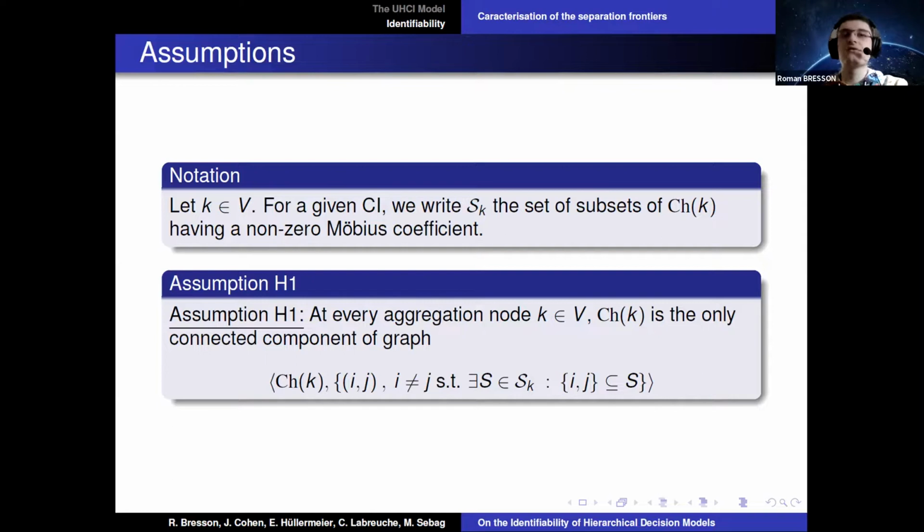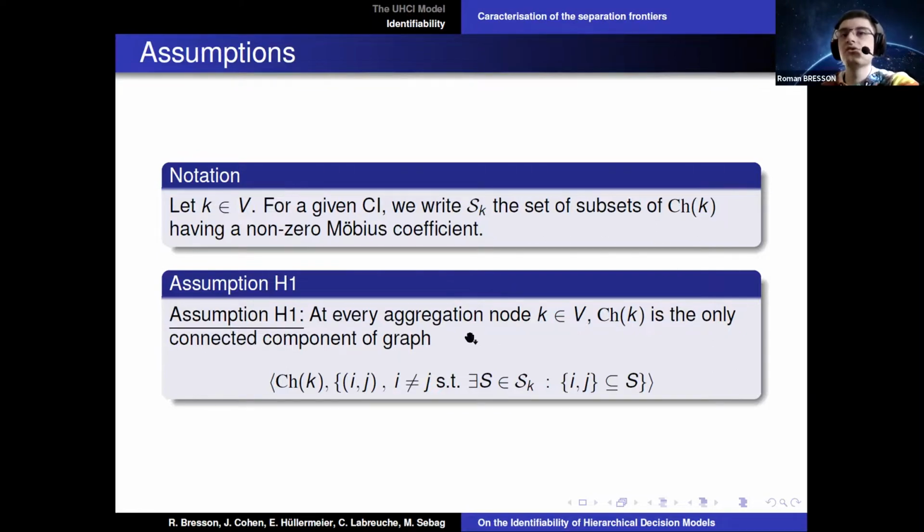The first assumption that we have is H1. We define by SK the set of subsets of the children of a given node that have a min term between them, so it's not a linear model in this case.